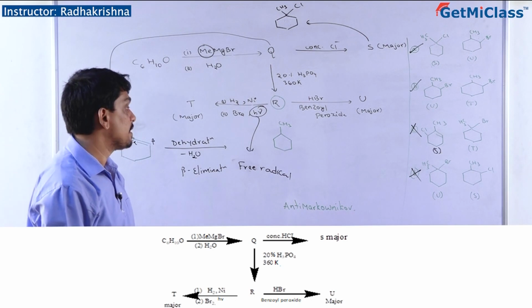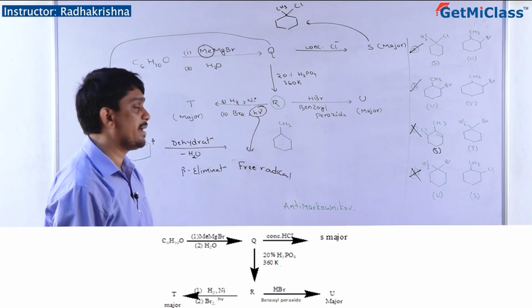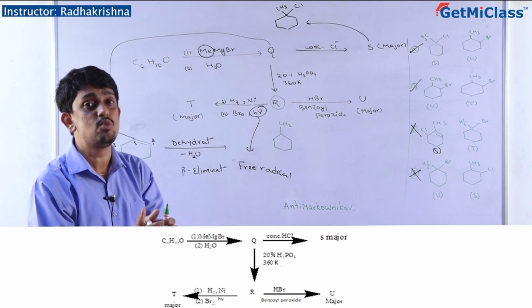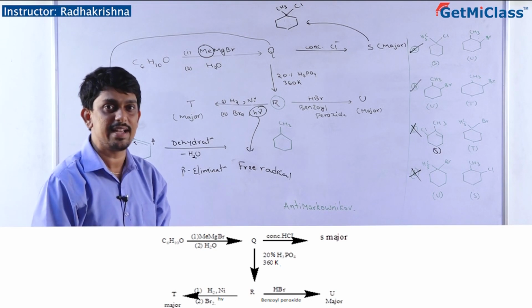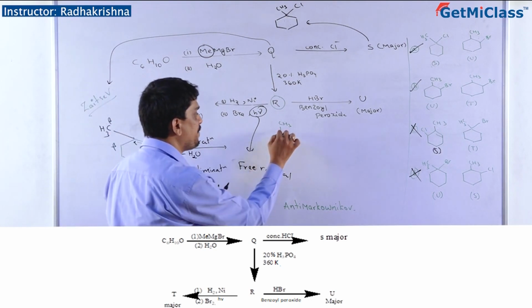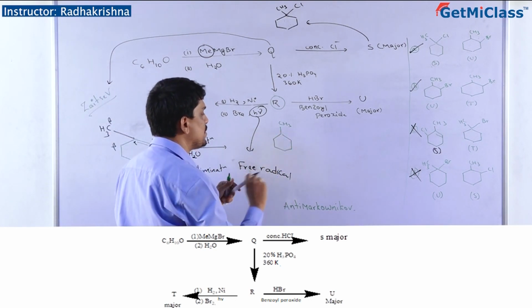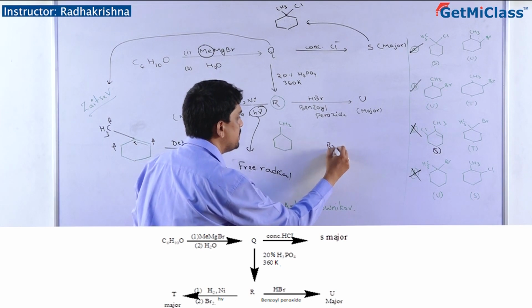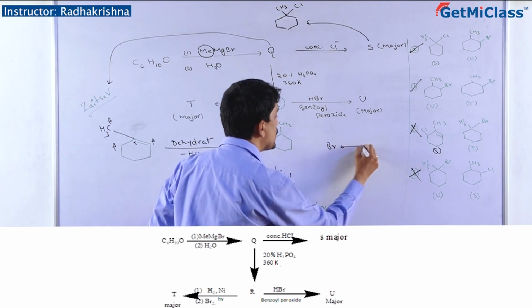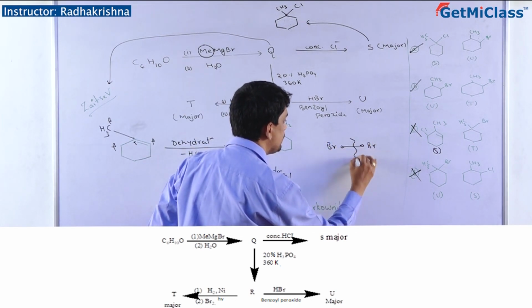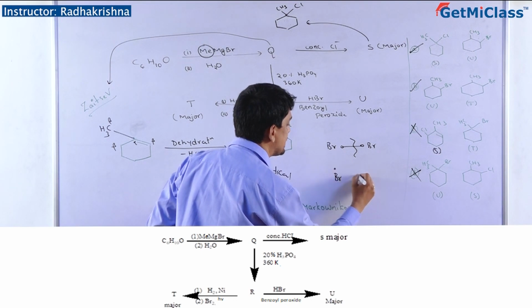I hope everyone got it clear. Sunlight, free radical mechanism. Where is the free radical most stable? Tertiary free radical is most stable. If you remove H dot from here, I know that it's a free radical mechanism where bromine undergoes homolysis. So you get bromine free radicals here.